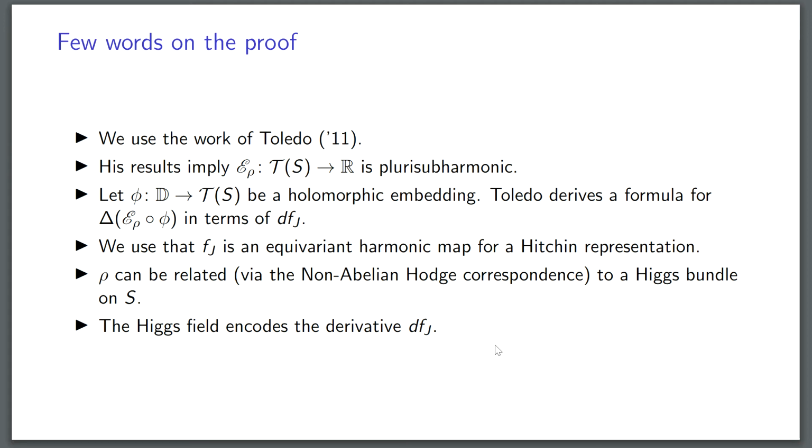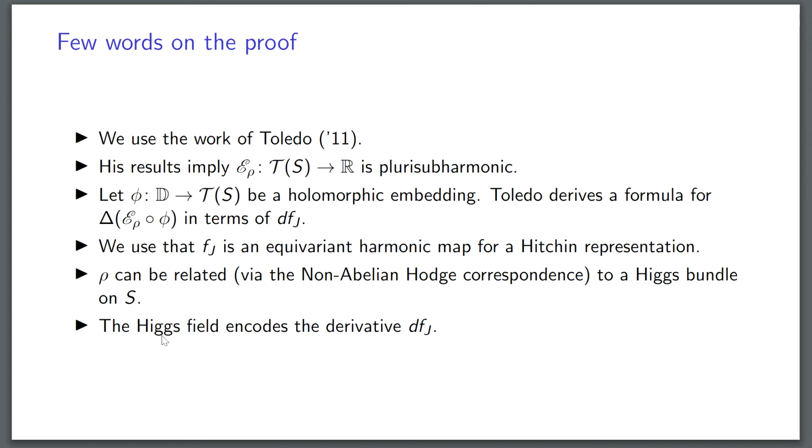Namely, a Higgs bundle consists of a complex vector bundle and a Higgs field. And it turns out that the Higgs field entirely determines the derivative of the harmonic map. These can be related to each other.